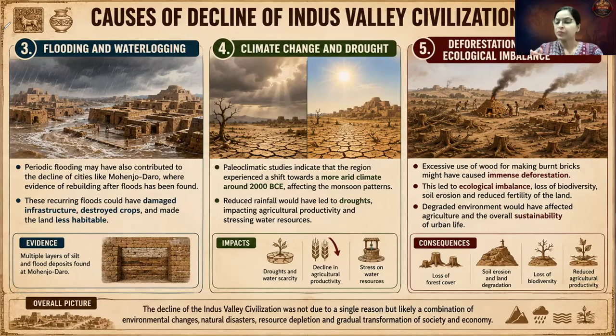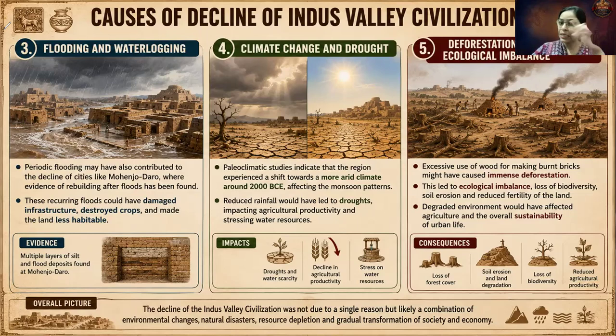So periodic flooding may have contributed to the decline of cities like Mohenjo-daro, where there is also evidence of rebuilding. But people might have been frustrated: how frequently will you rebuild your house every year if there is a flood? Okay, so recurring floods could have damaged the infrastructure and the crops, made the land less habitable, and probably because of that people abandoned these urban cities and migrated somewhere else.